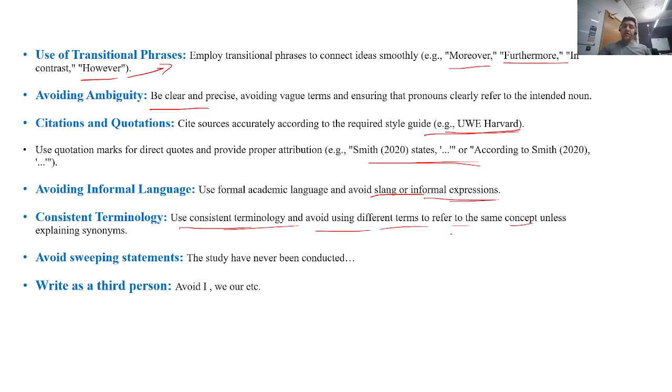And also, when you're using abbreviations, please make sure you're not using non-famous abbreviations. So, for example, if I am saying employee creativity, when I was writing it for the first time, I've written the full words and then I've given EC, and then in the rest of the document I'm using EC. This is not a good thing to do.